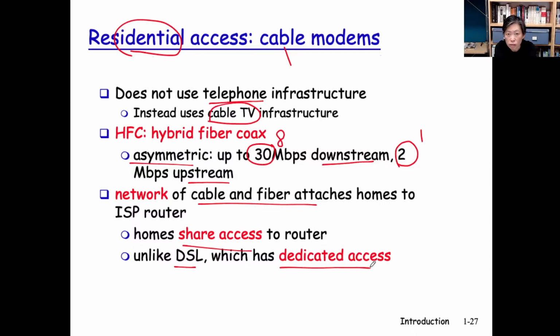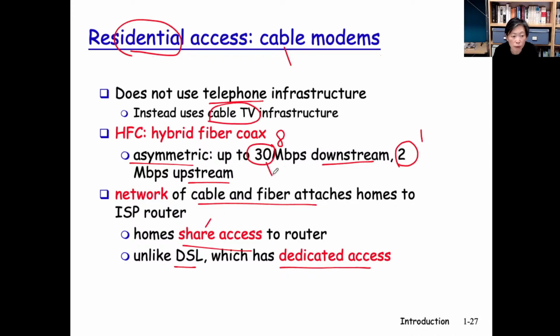And there's going to be a splitter that splits TV programs across hundreds and maybe thousands of households. If you use cable modem, your data and all your neighbors' data will be multiplexed on that cable and sent to the central office. That cable there is not dedicated, it's shared.